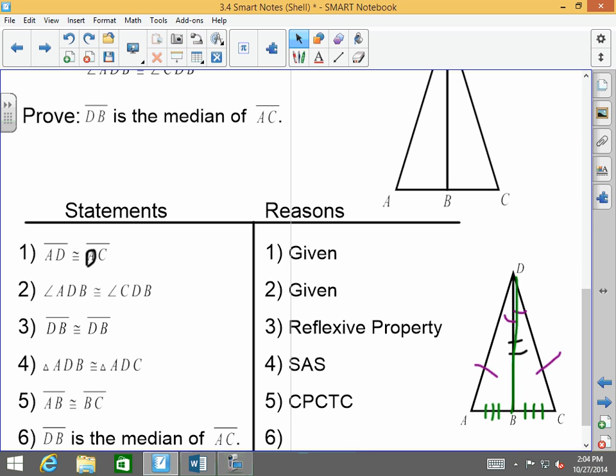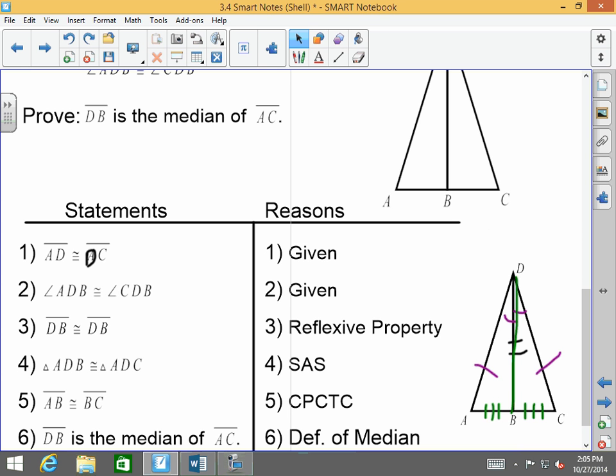And now that we know that AB is congruent to BC, how can I prove that DB is in fact the median of AC? Isn't that just, no, not auxiliary, the definition of a median? Because doesn't a median, I'm sorry? No, how is it an angle bisector? I'm not trying to be sarcastic. No, it's not an angle bisector, it's a segment bisector.